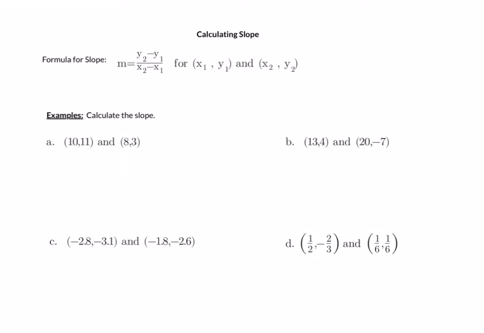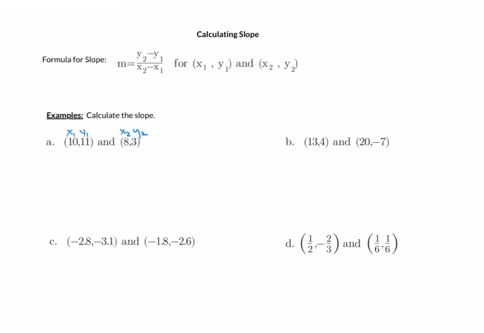So let's go ahead and try some examples of this. I'm going to let 10, 11 be my first point, so that's going to be my x1, y1. And I'm going to let 8, 3 be my second point, x2, y2. And you can label these however you want, as long as you remember that the first number is always your x coordinate, and the second coordinate is always your y coordinate.